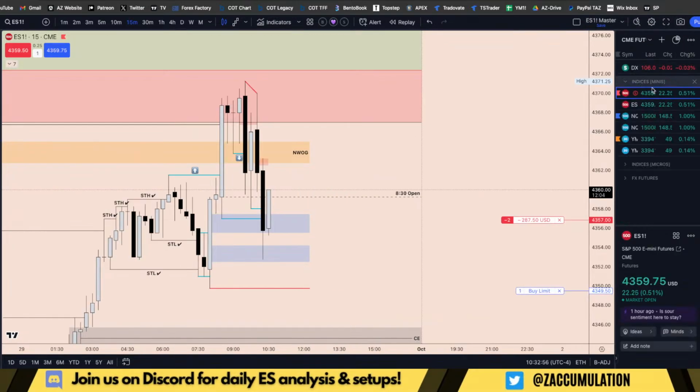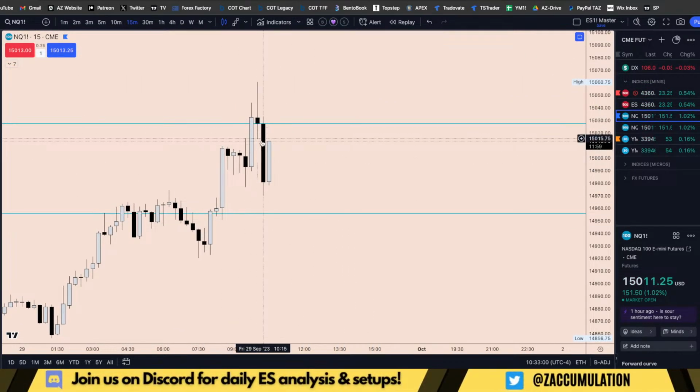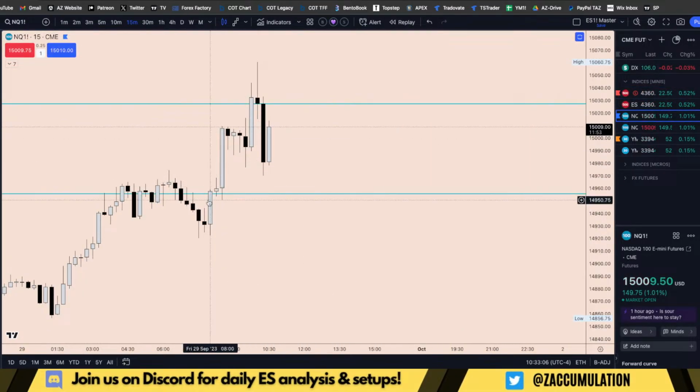Let me quickly check NQ. NQ also retraced and is now pushing back up. But you can see that clear difference after the open compared to ES and NQ.